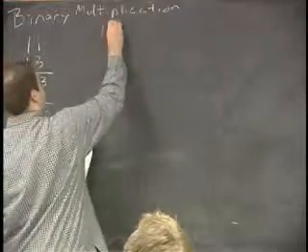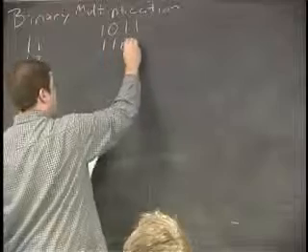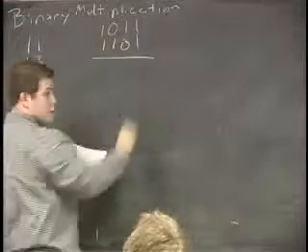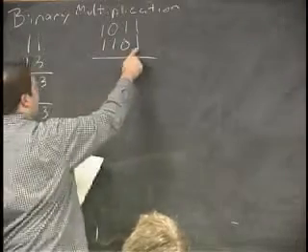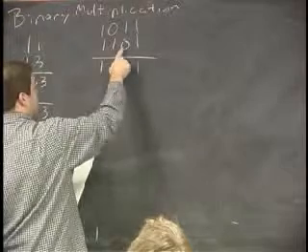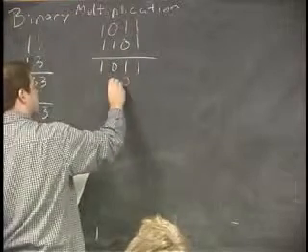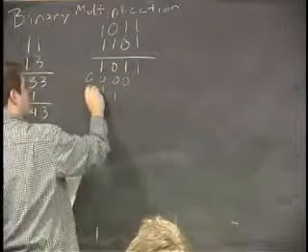So we have 1, 0, 1, 1 times 1, 1, 0, 1. Multiply the 1 times that, we get 1, 1, 0, 1. Come over a space, multiply 0 times that, 0, 0, 0, 0. Multiply 1 times that, 1, 1, 0, 1.